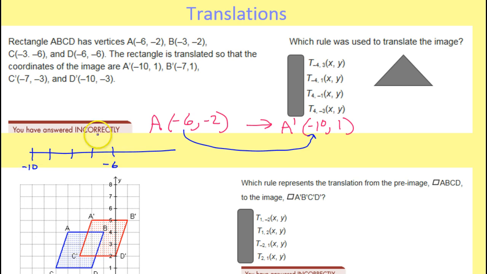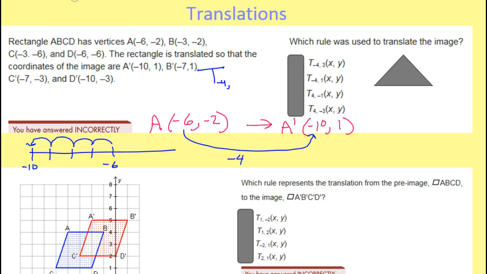So how many units did we move? We went 1, 2, 3, 4 units to the left. So the x value went -4. So far that tells me that we need a -4 right here.